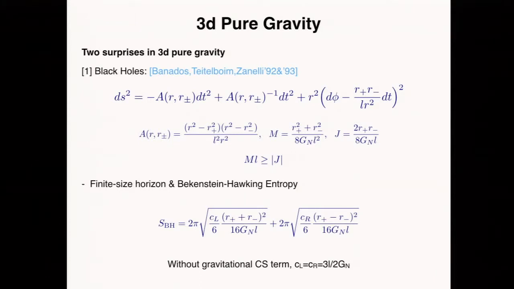Without this 3D gravitational Chern-Simons term, there are no gravitons. So for these entropies, we introduced c_L and c_R for later reasons, but basically they are given in terms of the size of the event horizon r_+ and also r_-, two parameters, and then the gravitational constant and cosmological constant.